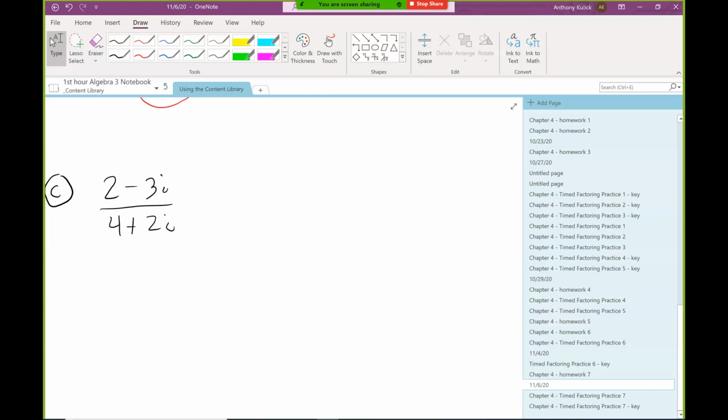Because if we do that, we distribute the i through the denominator, and we're still going to have an i along with an i squared. So that's not going to be what we need. What we're going to do is multiply the top and bottom of this fraction by the conjugate of the denominator. So the conjugate is the same thing, just with the different sign in the middle.